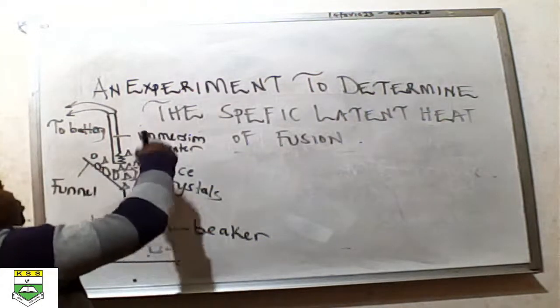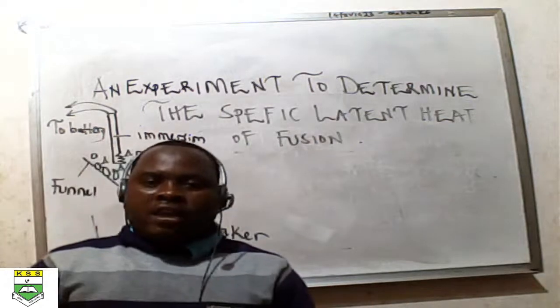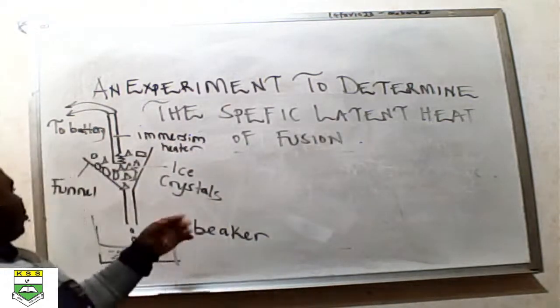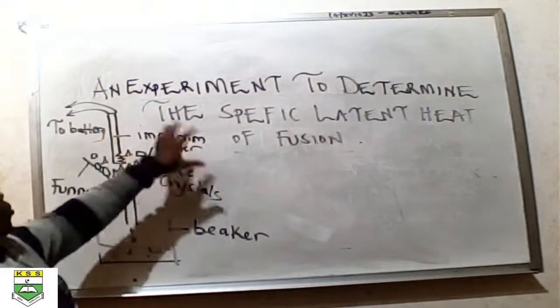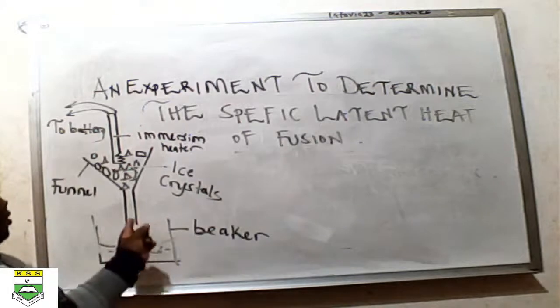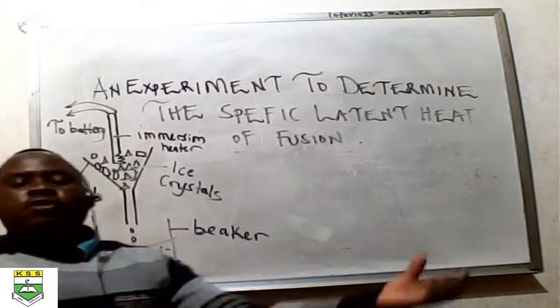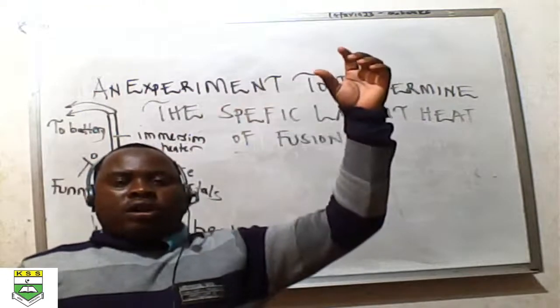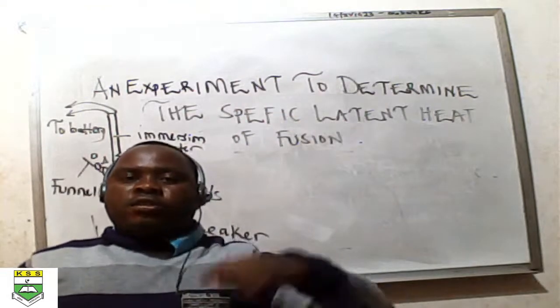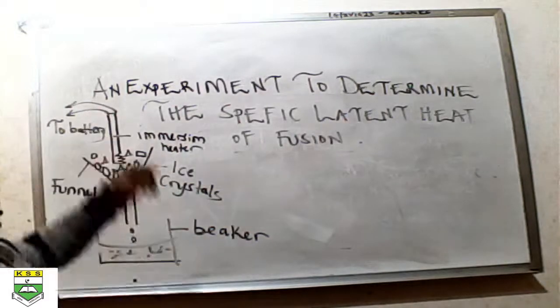Up here you put a funnel, which you can support using a retort stand. Then you pack that funnel with ice crystals. When you see that water has started dripping constantly from the ice, you insert the heater, and then you put it on.